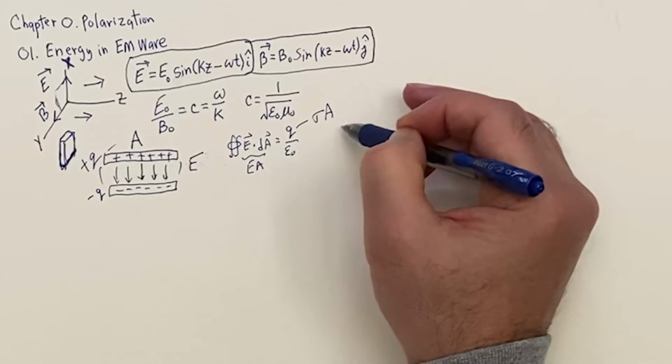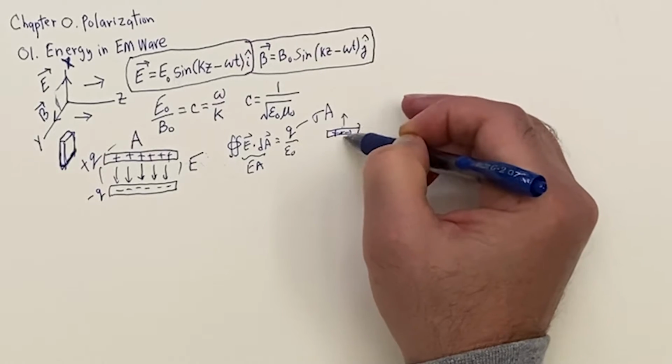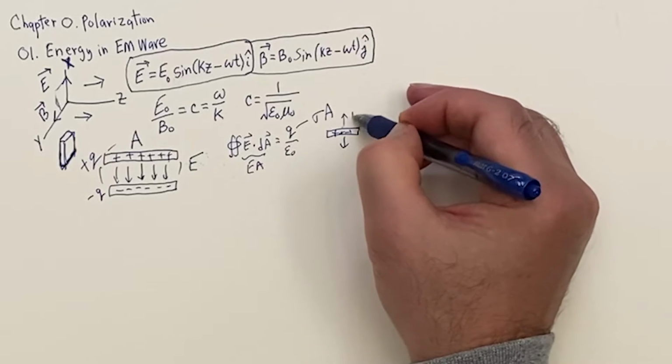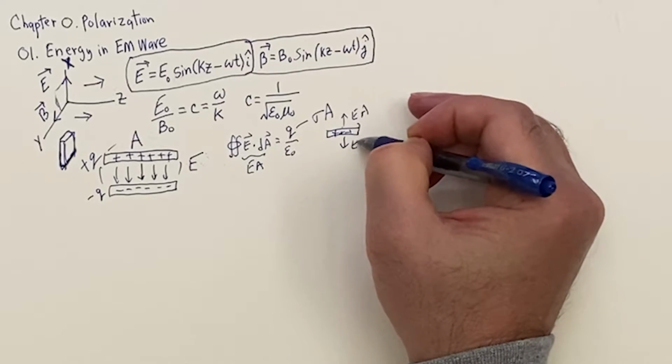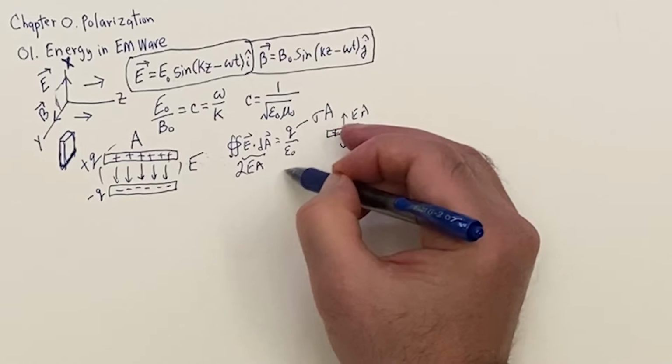If you're doing one plate with just a plus sign, then E points in either direction. So when you do the top, you're going to get an EA. When you do the bottom, you get an EA. There's nothing on the sides, so there'll be two EAs.